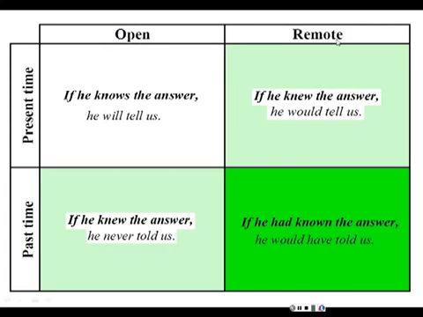Remote are what have sometimes been called unreal. These are things that indicate unlikelihood or perhaps impossibility, but I'm calling them remote because they might also just indicate politeness, where you're trying to indicate that something is not as certain, that you're not really assuming that something might be the case.